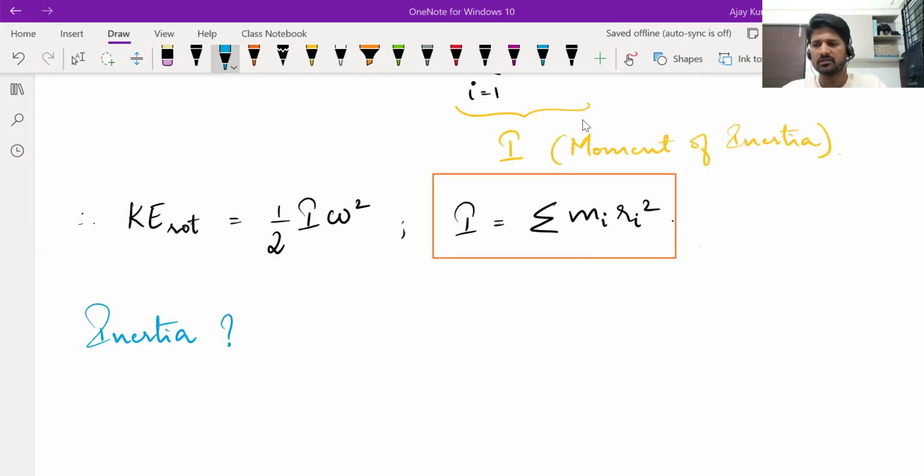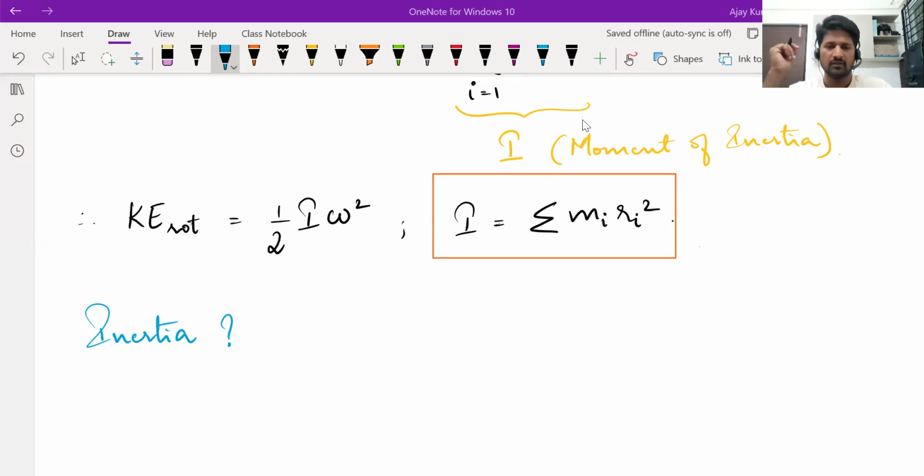Or you can also say it is the resistance offered by an object to a change in its state of motion. So suppose something is at rest. Inertia is basically how difficult it is to move the object from the state of rest. Fine. So there is inertia of rest, there is inertia of motion. These two we had discussed earlier.